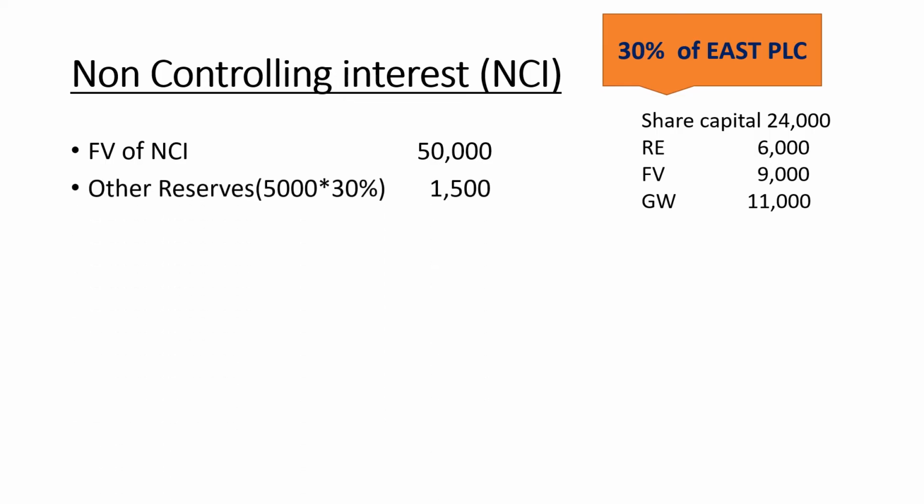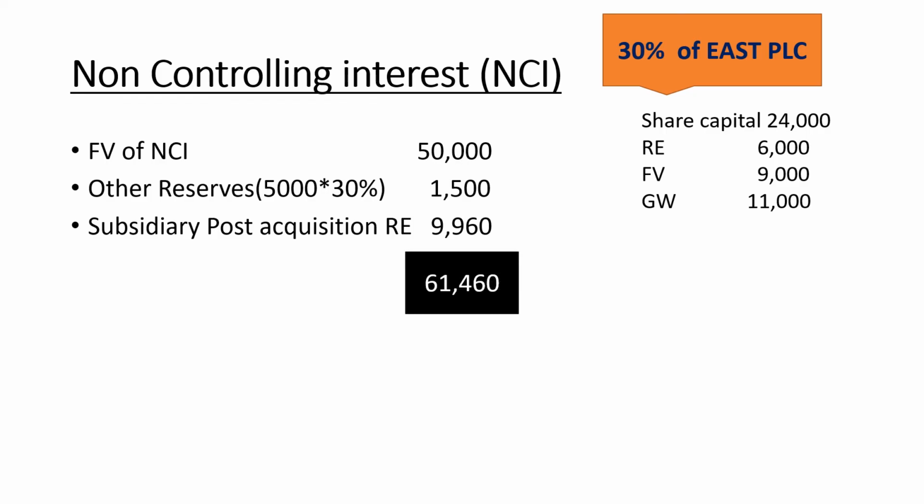For that, we have to add the other reserves relating to the non-controlling interest, that is 1,500. Then you can remember we have analyzed the retained earnings. From the post-acquisition retained earnings, we have to take 9,960, which is relating to the non-controlling interest. So the total will add up to 61,460 as the non-controlling interest.